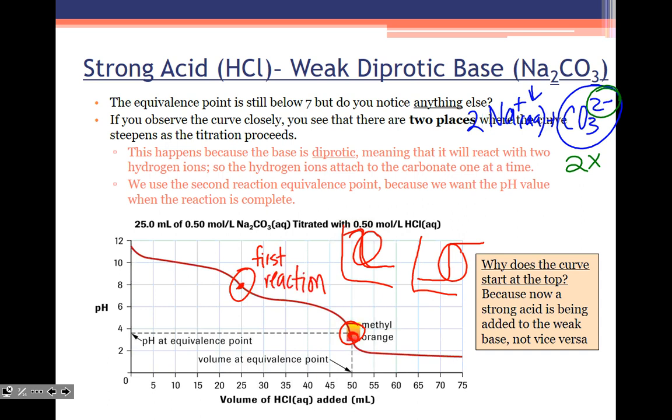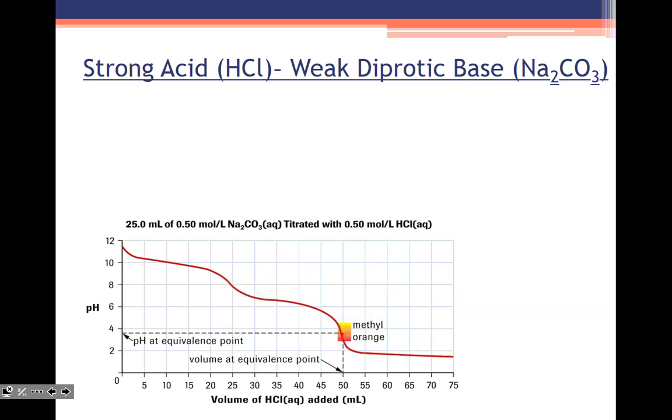And this indicates your second reaction, right? Strong acid with your diprotic base again.